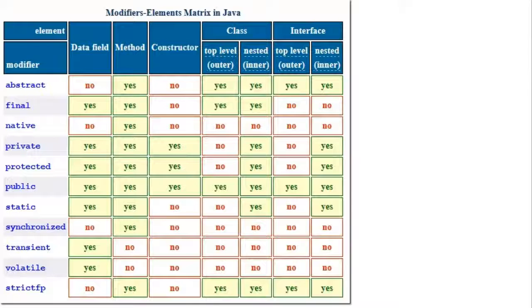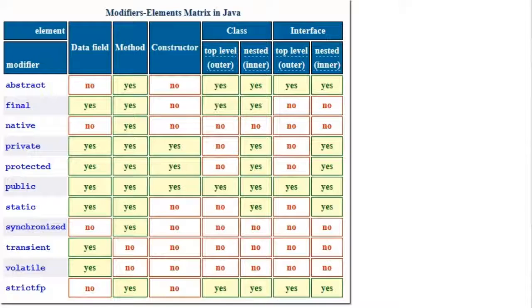Let's talk about static. You can declare a method and data field as static, but you cannot declare constructors as static. You will see also that a class and interface can be declared as static, but you cannot extend those classes which are static, and you cannot implement those classes which are static.